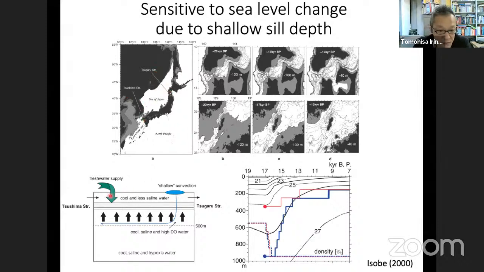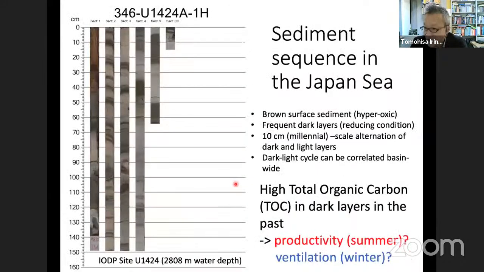This made very strong stratification above 500 meters water depth, which prohibited the deep convection during the winter time, and finally very euxinic bottom water conditions were formed during the low sea level periods. And these oceanographic conditions were recorded in the sediments.